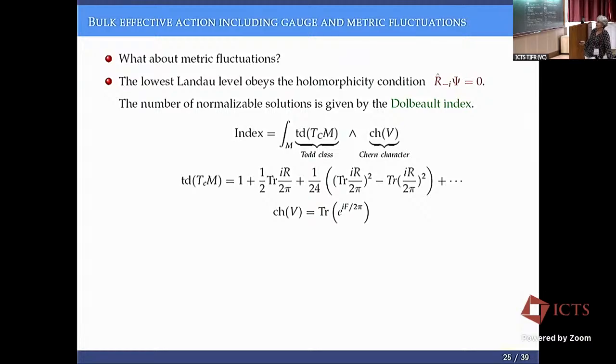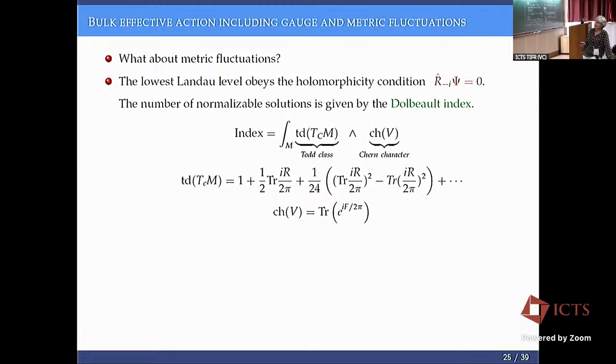The Todd class is essentially traces of powers of the curvature, and the Chern character involves traces of powers of the field strength. But the idea is that because this is topologically invariant, we can introduce fluctuations in these curvatures and fluctuations in the field strengths, and still this remains the same.